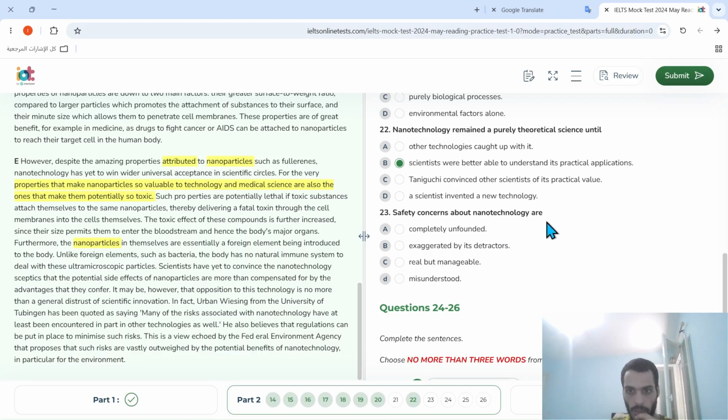Safety concerns about nanotechnology are completely unfounded, exaggerated by its detractors, real but manageable, misunderstood.